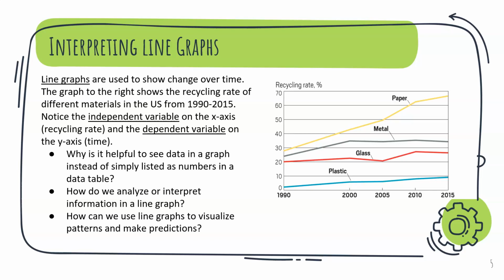Metal and glass are going down slightly. If I was just looking at numbers, it would be a lot harder to see that. So having a visual is very helpful. It gives us a quick glance, and we can come up with trends that we see on there. It just makes it a little bit easier for the person looking at the data to look at a graph than to look at a data table.